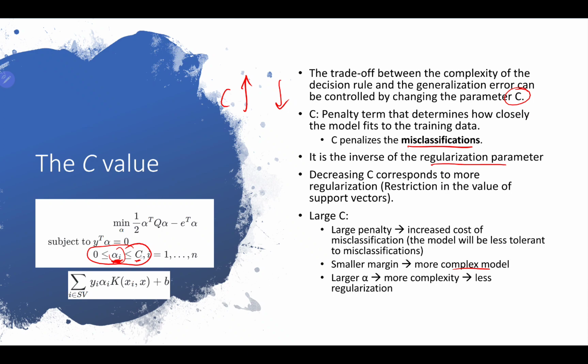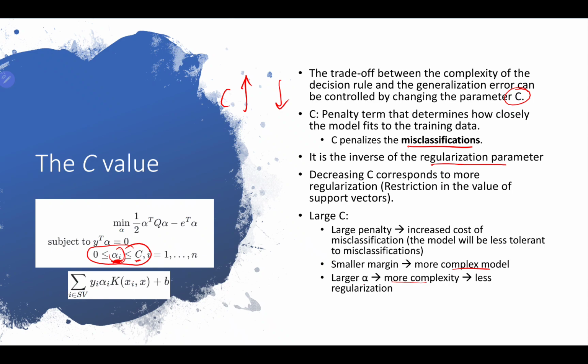And when you increase C, you're okay with alpha values increasing. So large C will mean larger alpha values, and larger alpha values would mean more complexity, and basically less regularization. So regularization is about coefficients.